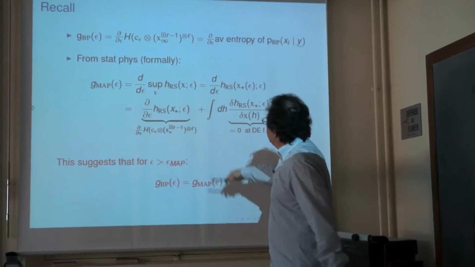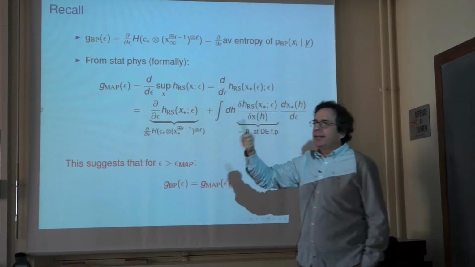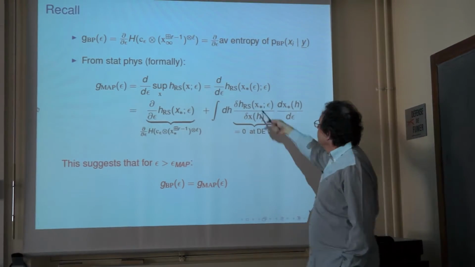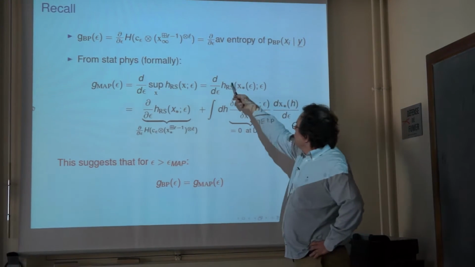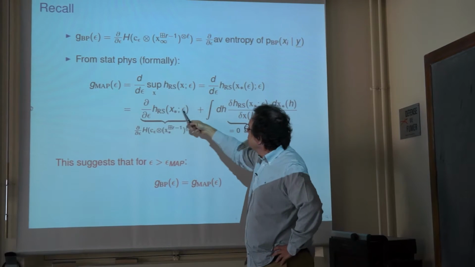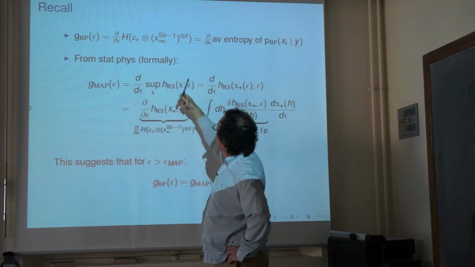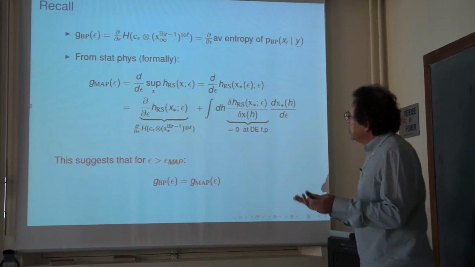So the way to see this is to say, okay, this supremum will be attained, say, at a special density x star that depends on the channel parameter. So I put x star here, and then I have a derivative which is partial with respect to the explicit epsilon that enters in the channel density.